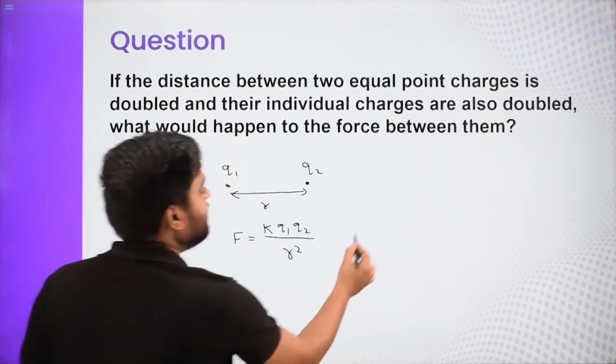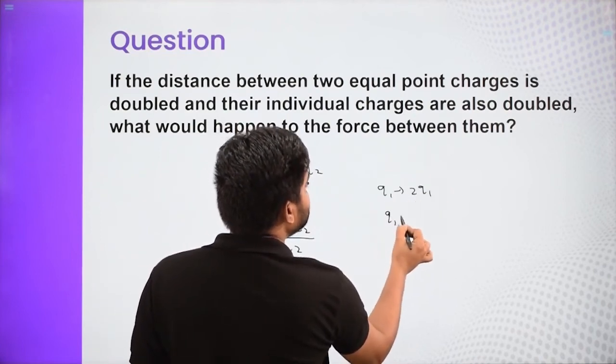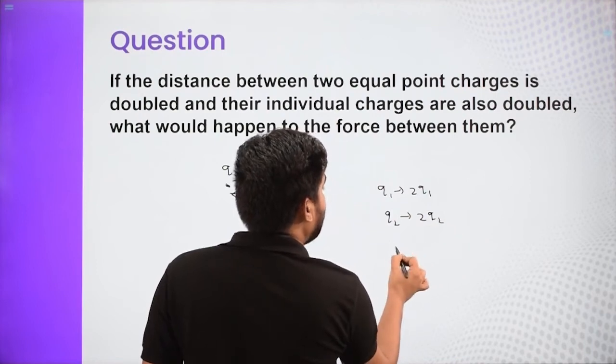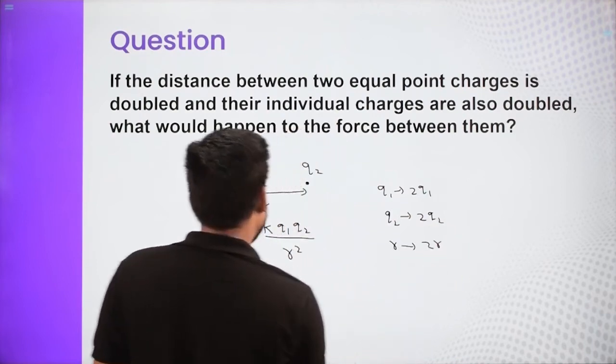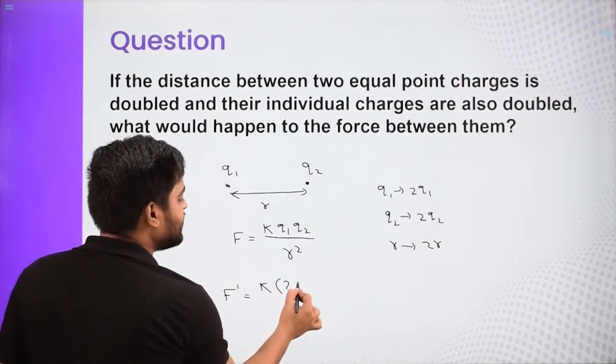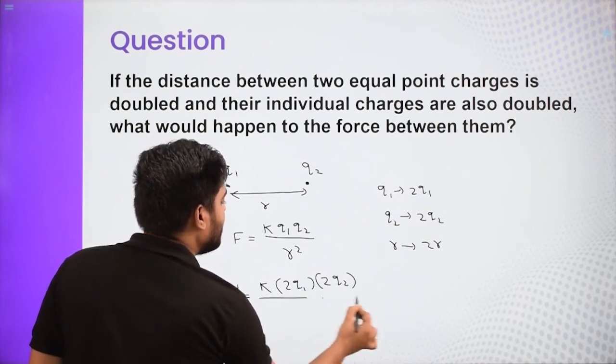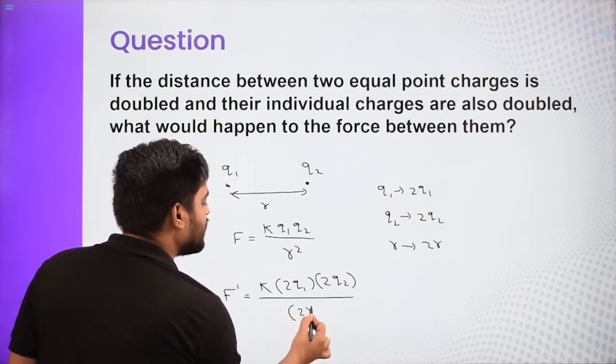What happens if Q1 becomes 2Q1, Q2 becomes 2Q2, and R becomes 2R? So new force F dash is nothing but K, new charge 1 which is 2Q1, new charge 2 which is 2Q2, divide by new R whole square, which is 2R whole square.